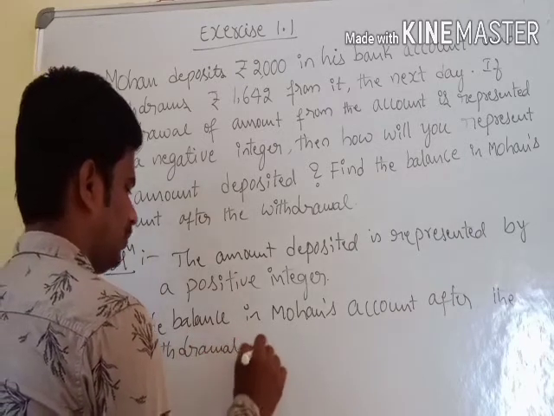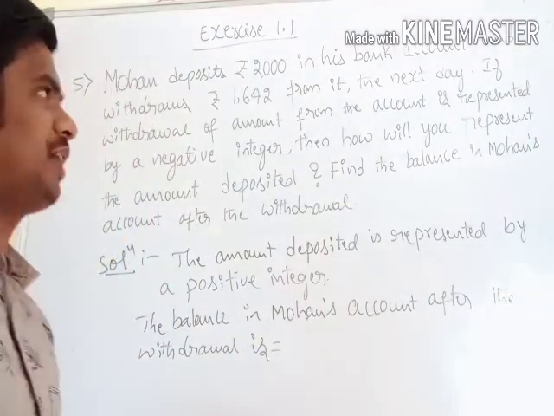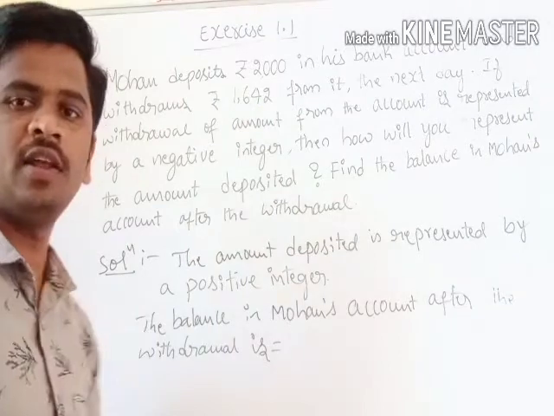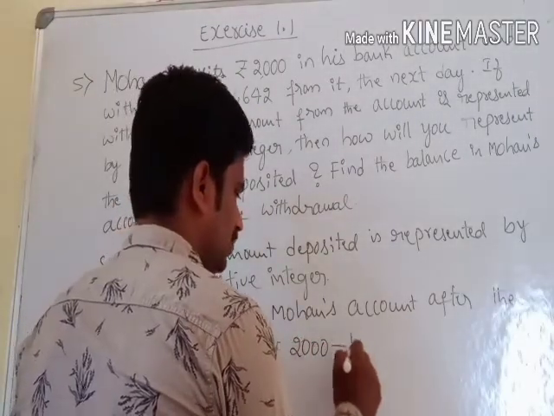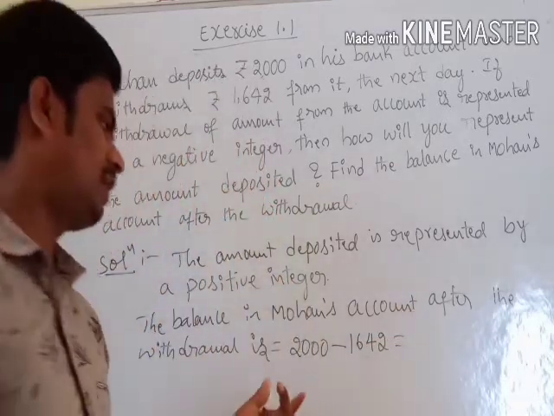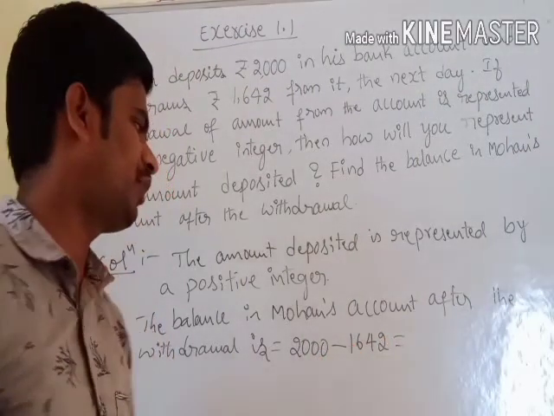is equal to, how will you write that? First we have to write deposited amount minus withdrawal amount. That is nothing but 2000 rupees minus 1642 rupees. Then what is the value of 2000 minus 1642?